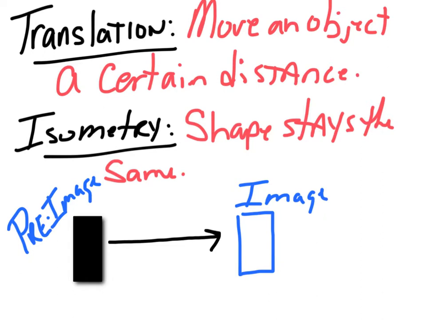Once they translate it, and they show the translation using an arrow, as you look, you see that it's going to get translated along this line in this direction, and the shape of this stays the same, and that's what we call the image. So the image is the end result of the translation.